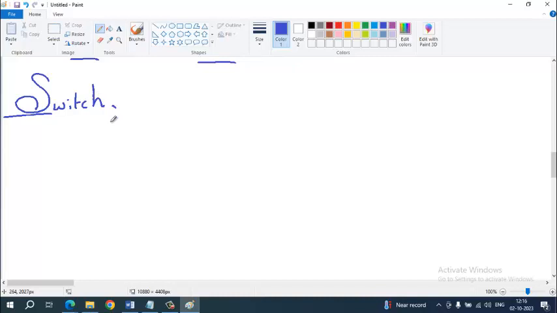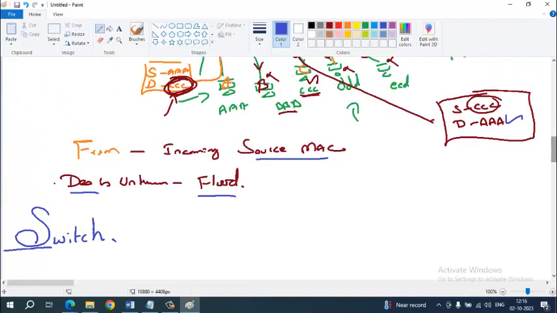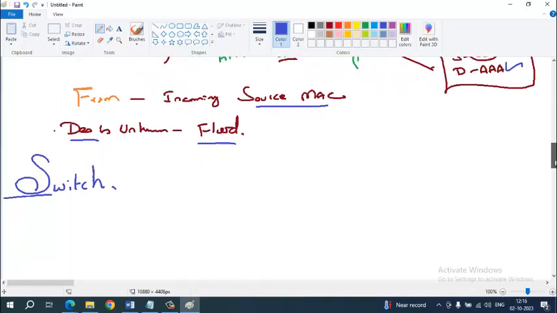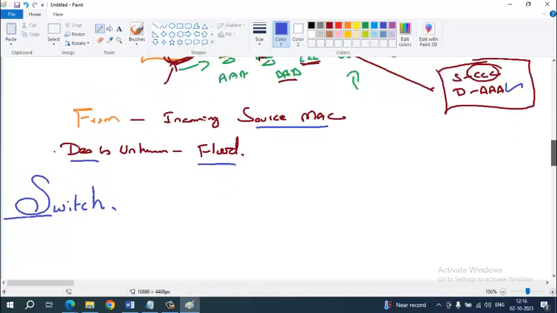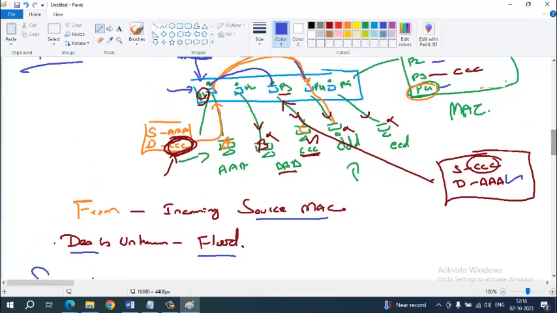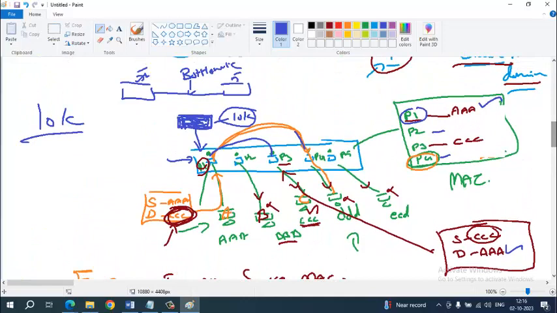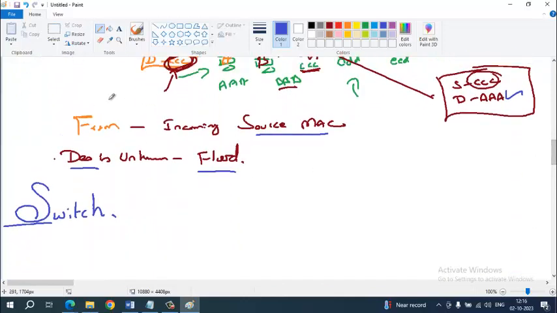Bridge and switch are different, and also they are the same in another way. In which way are they the same? A bridge also learns from the incoming frame's source MAC address.